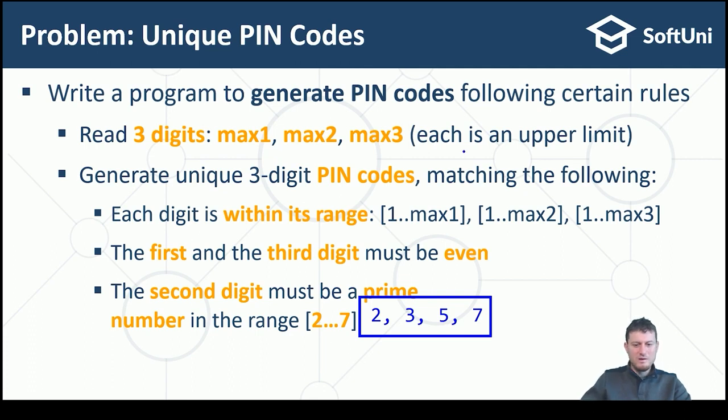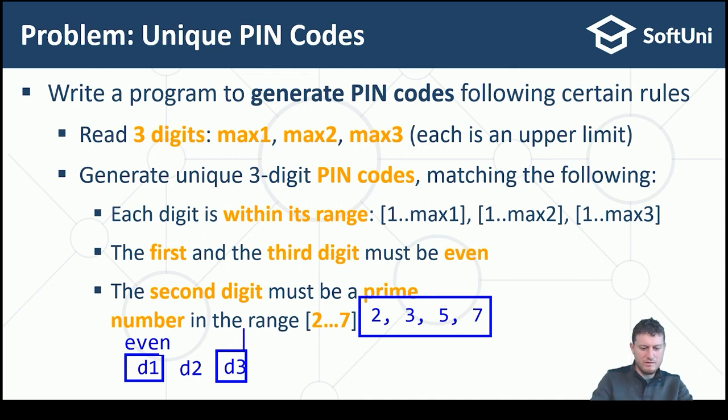So we need to have one number, D1, followed by a second number, D2, followed by a third number, D3, and D1 should be even, D3 should be even, and this D2 should be one of these numbers.